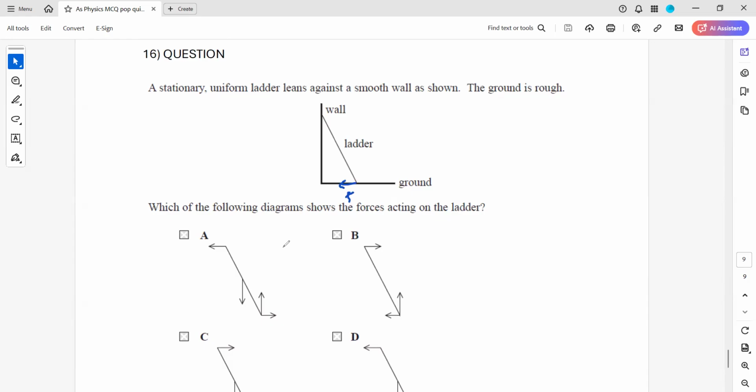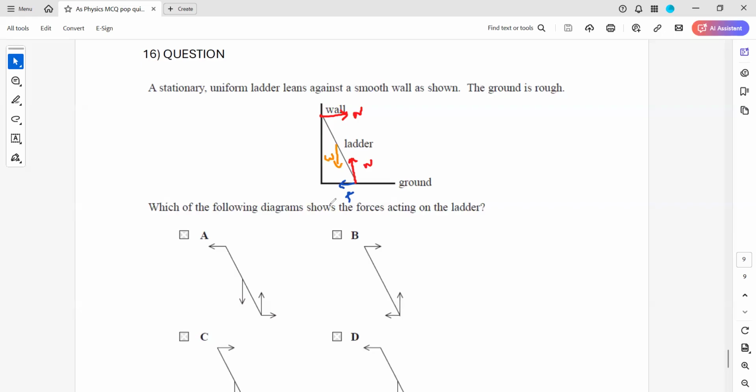That is one force. Then the ladder is in contact with the ground as well. When any object is in contact, there is a normal contact force. So there will be a normal contact force, N. The ladder is also in contact with the wall, so there will be a normal contact force N there too. And this ladder will also have its weight, and its weight will act downward. So friction is there, opposing the motion.